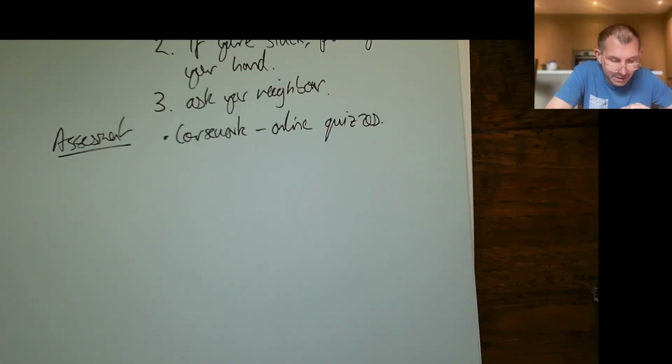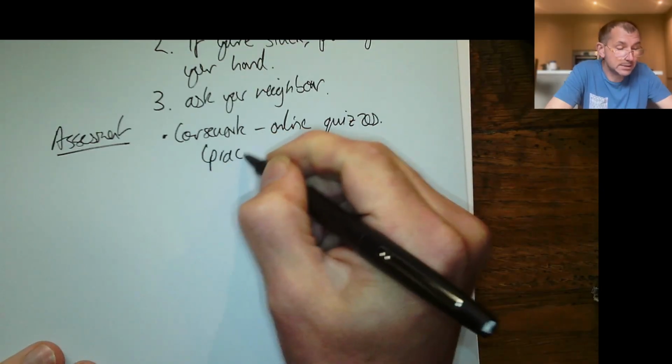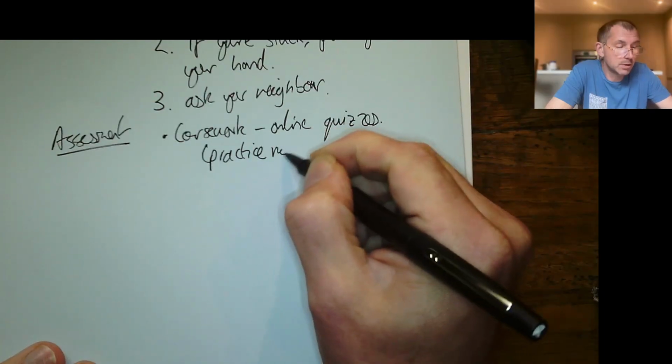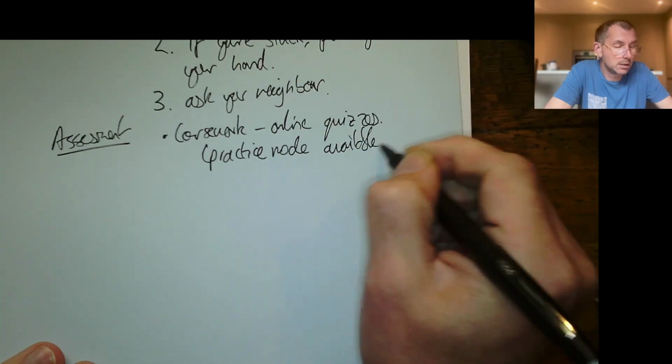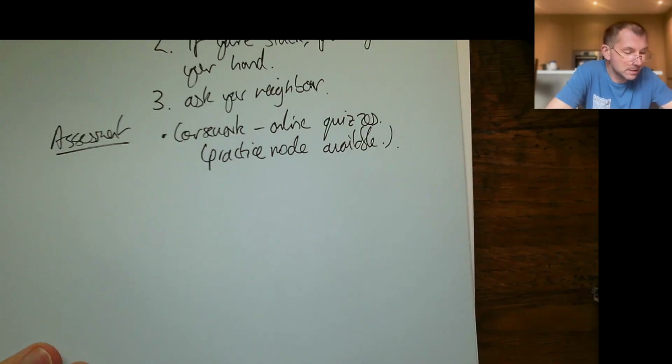So you have to make sure that you have a working computer. You have to make sure that you're ready to start it when the window opens. But you can practice it. So there'll be a practice mode available before, so you can see what the pitfalls might be in the questions.